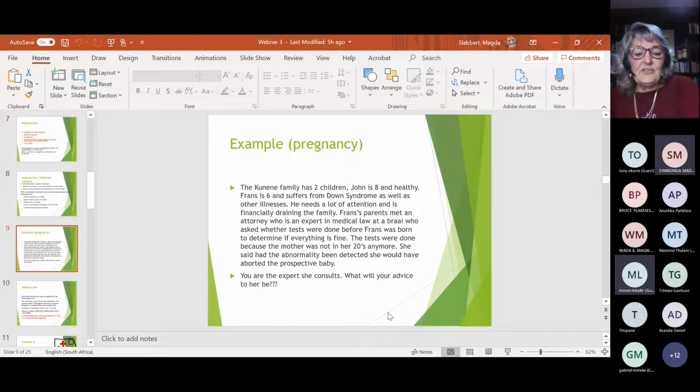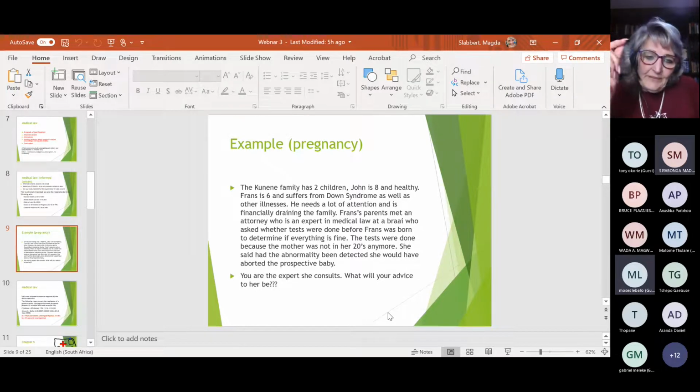So the woman answered and she said, yes, the tests were done because she is not young anymore. So she was scared that the baby could possibly have Down syndrome or some other abnormality. So she went for tests. And then the doctor did the tests, looked at it and told her that the baby is perfectly fine.